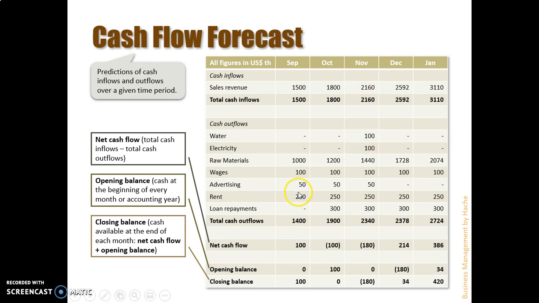They also planned to pay for advertising in the first 3 months of operations. So it is here. They also assume a payment of wages or salaries of 100 every month. And they are also planning to pay for a loan starting in October every month at a fixed figure.